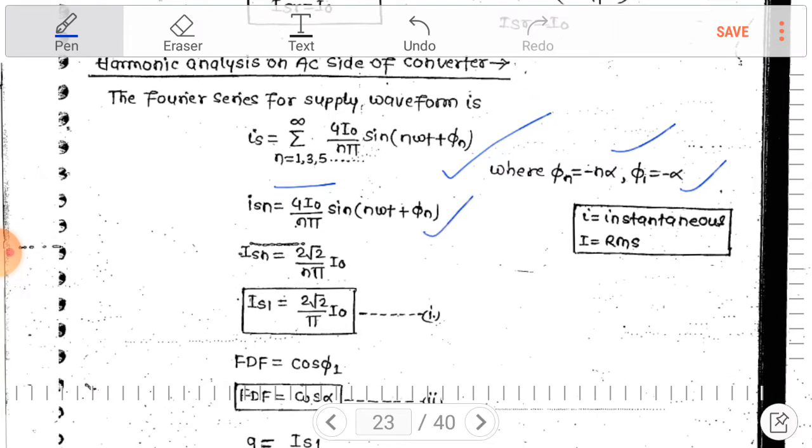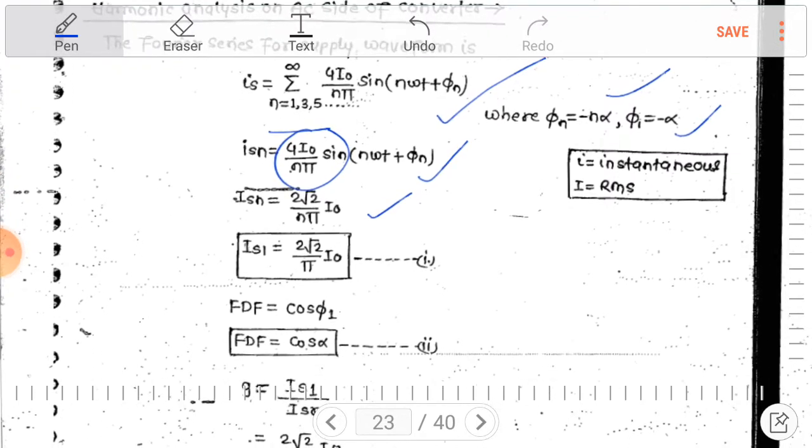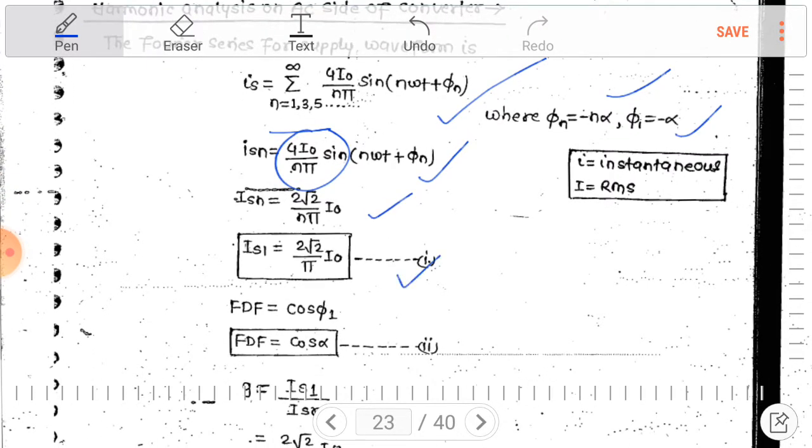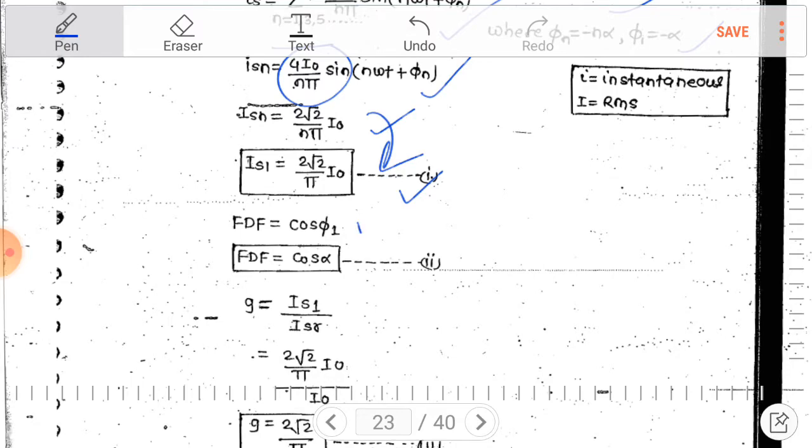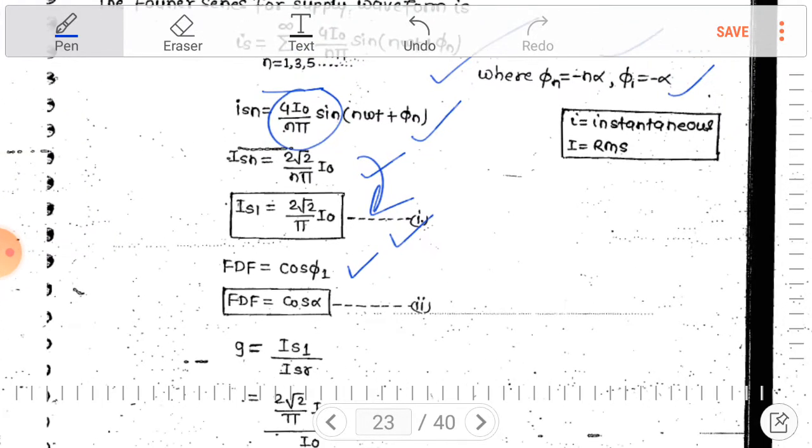Nth harmonic magnitude is this, and this is the nth harmonic RMS magnitude, obtained by dividing this magnitude by root 2. Fundamental magnitude can be determined by putting n equal to 1. Fundamental distortion factor is cos phi 1, and phi 1 equals alpha.